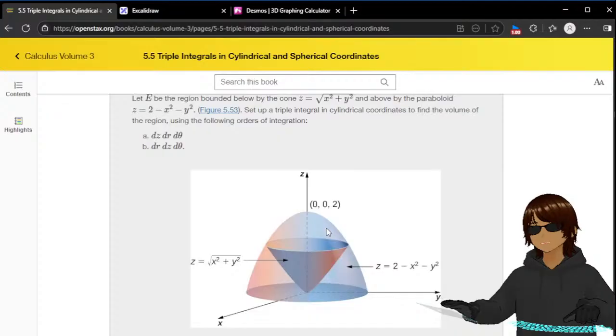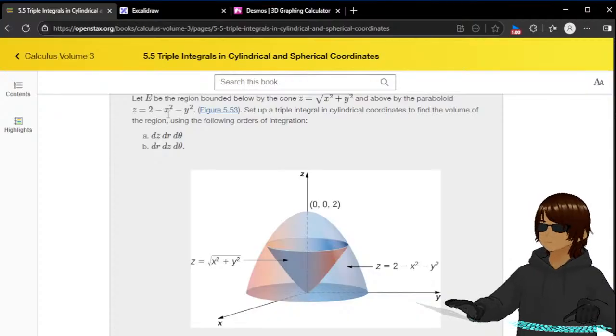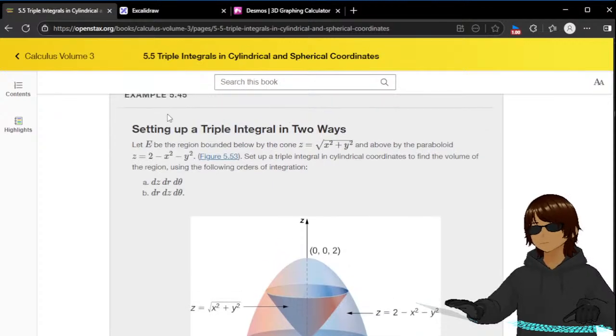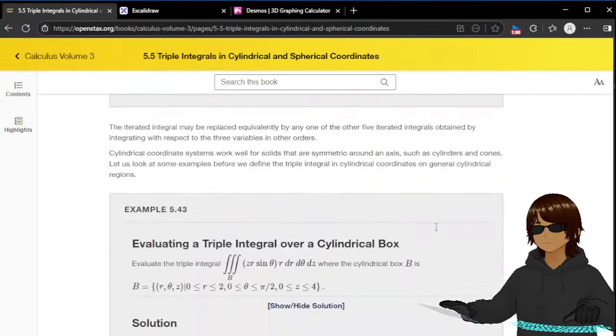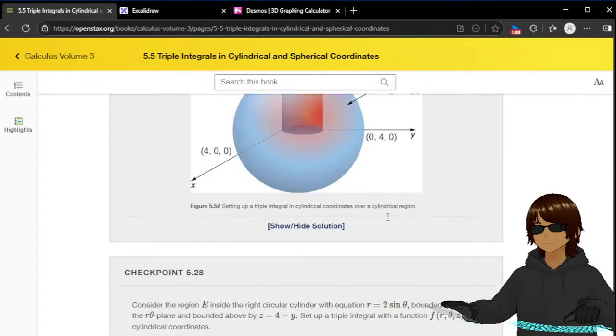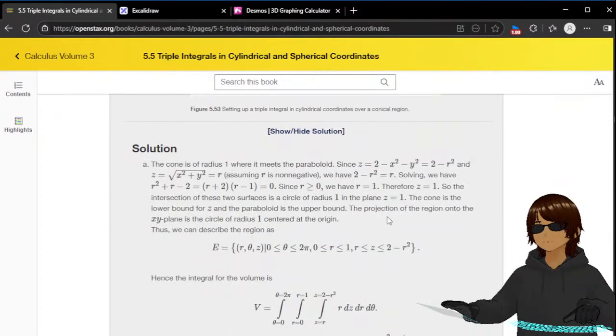Yeah, in polar coordinates, r would be here. Then why is it z equal to r?